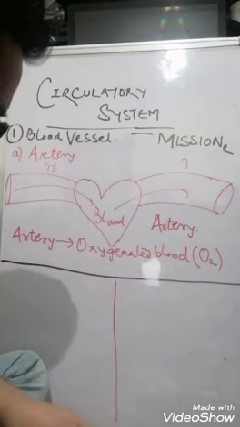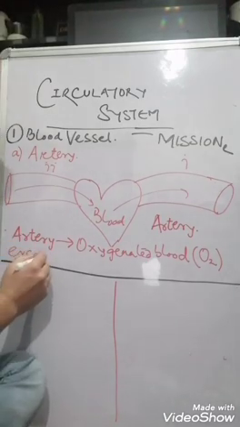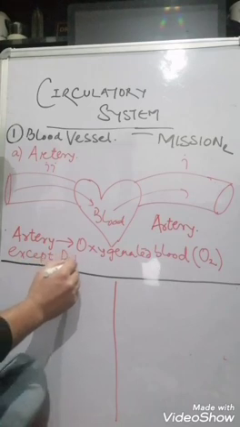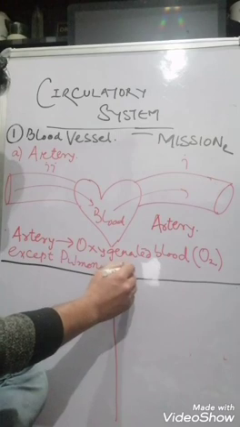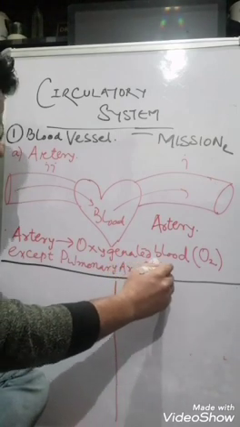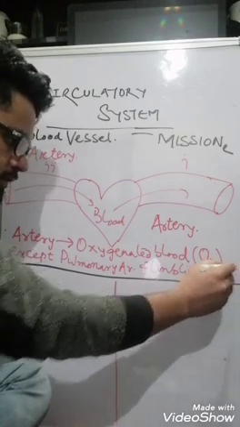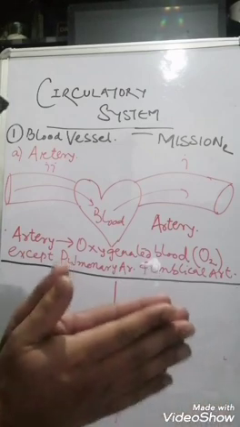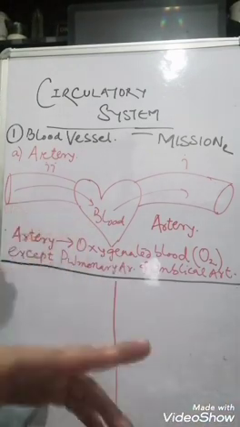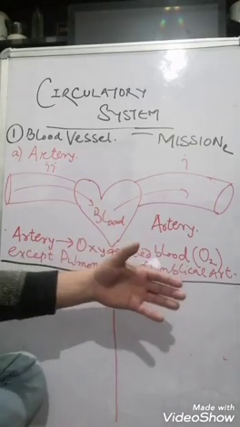Yes, there are two exceptions to this rule. One is the pulmonary artery. And beta, the other is the umbilical artery. So, yes, every artery does have the oxygenated blood except two. There are two big exceptions to the rule. One is the pulmonary artery and another the umbilical artery.